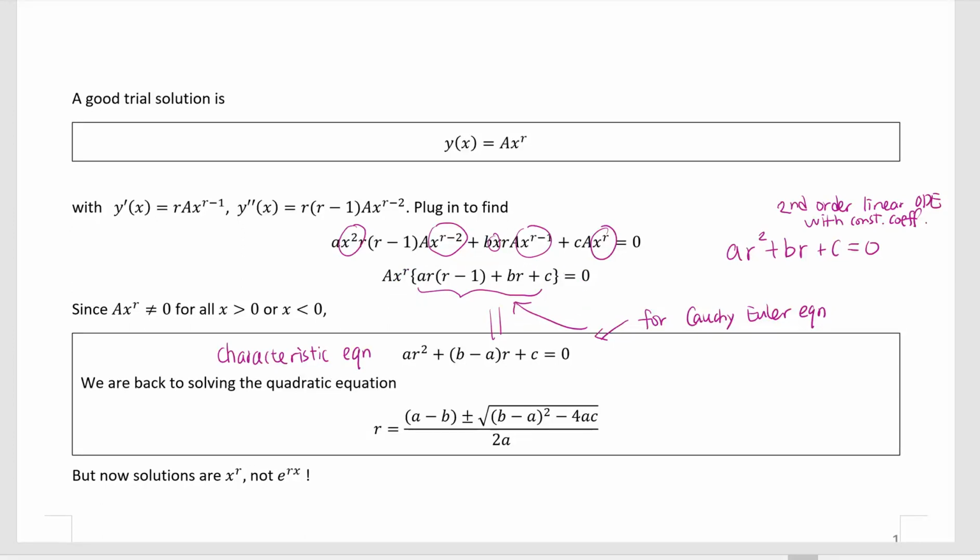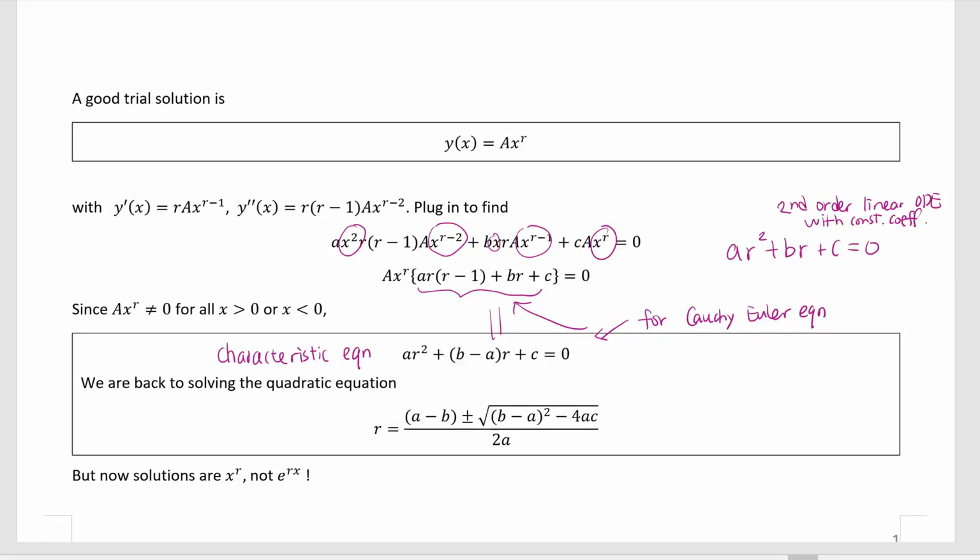Whenever you see the second derivative, you put a and then r times r minus 1. When you see the first derivative, you do b r, and when you see the constant y, you just put c there. That is the characteristic equation. Then we make it into this form because we want to know the coefficient of r squared, the coefficient of r, and the constant. Then we can use the quadratic formula to solve the roots.